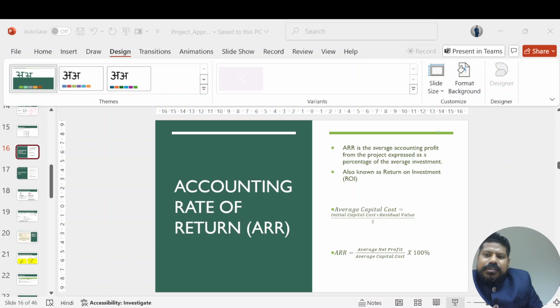If it is less than 0, it should be rejected. And if it is equal to 0, which means you have no loss and no profit.